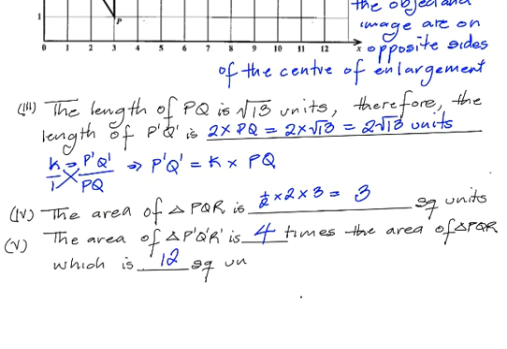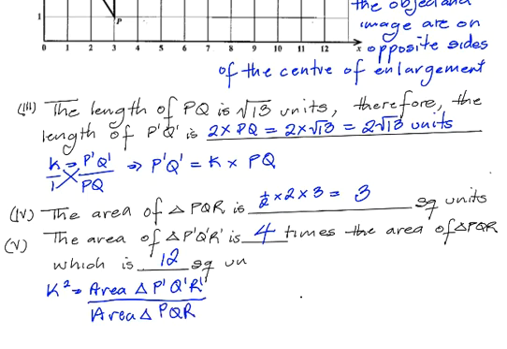This is coming from the fact that K squared is equal to the area of the image, triangle P'Q'R', divided by the area of the object, which is triangle PQR. Therefore, K squared, which is 2 squared, is equal to the area of the image, which we don't know.